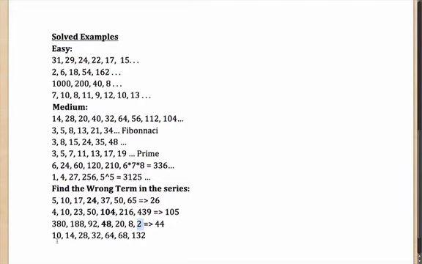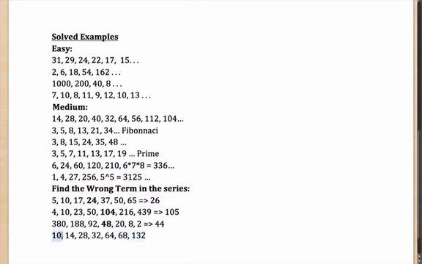Last and final one, you have 10, 14, 28, 32, 64, 68, 132. Once again, some things which are very obvious. 14 and 28 is double. 32 and 64 is double. 68 and 132, but that is not double. So there might be a catch here. But let's see if there is any other pattern.